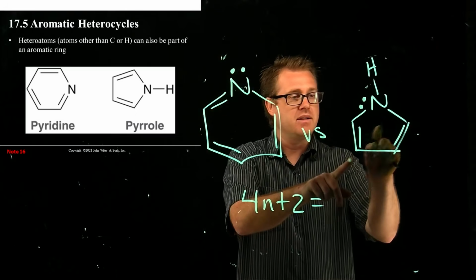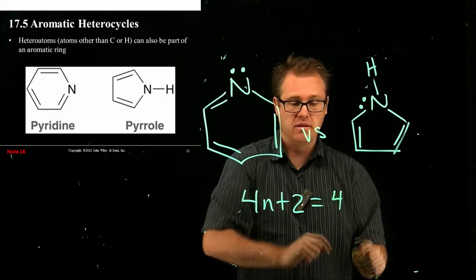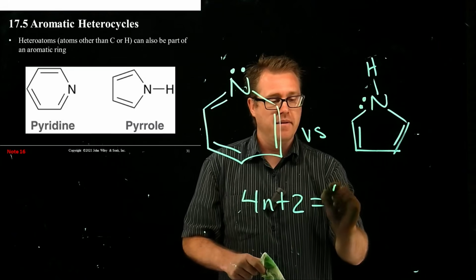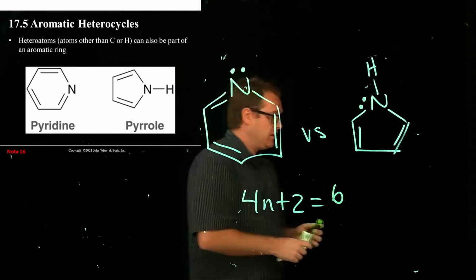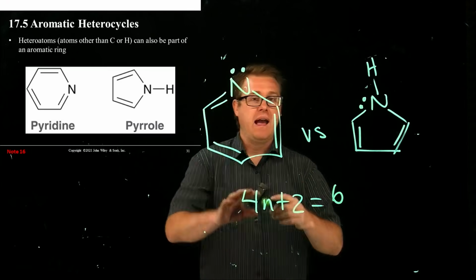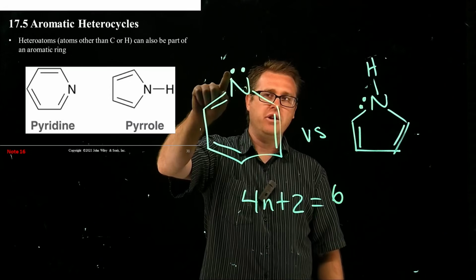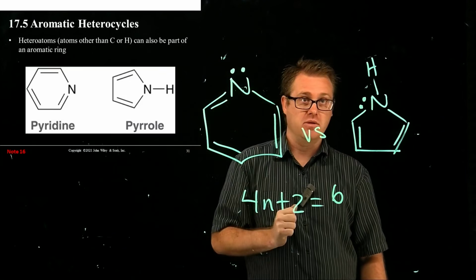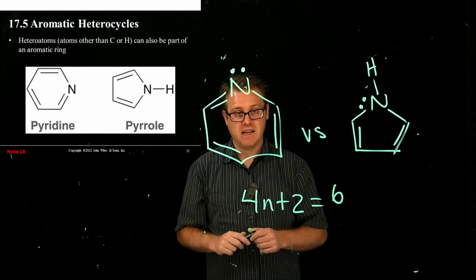If I only count the double bonds, that's 4 electrons, so that would make it anti-aromatic. But if I count the 4 in here and the lone pair, I have 6. And now pyrrole is aromatic. So it raises the question, when you have heterocycles with lone pairs, when do you count the lone pairs and when do you not count the lone pairs? That's what the next video is going to discuss in detail.